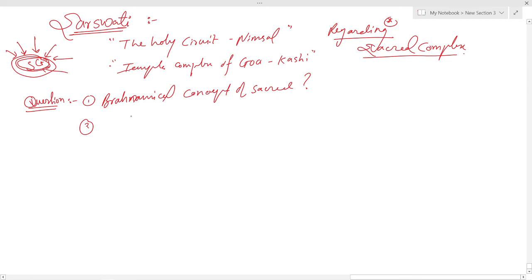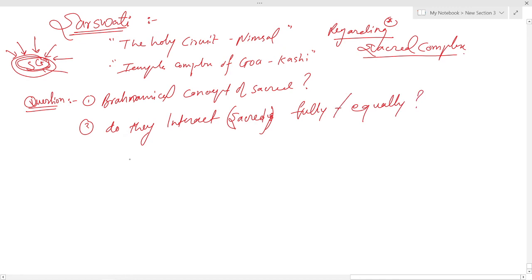Second, do they interact fully or equally with the sacred phenomena, that is, the sacred object? Do they interact fully or equally?